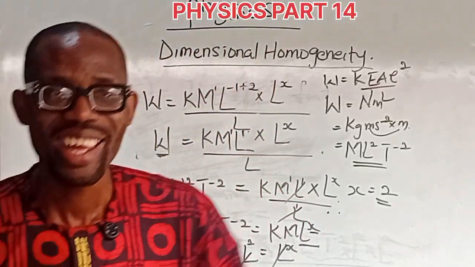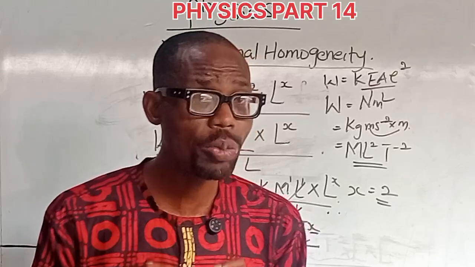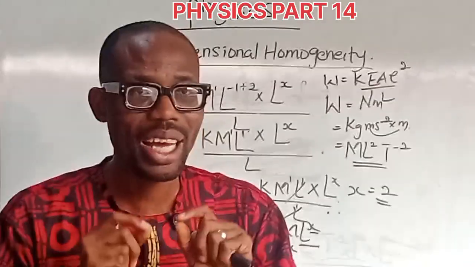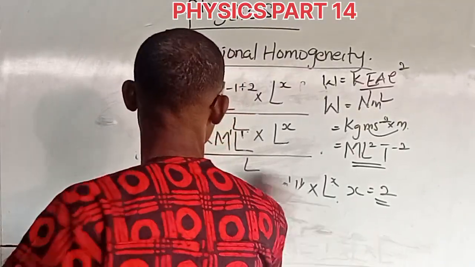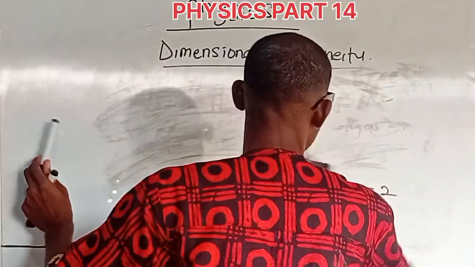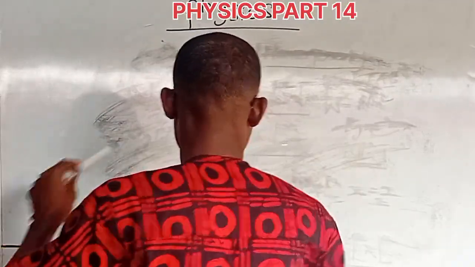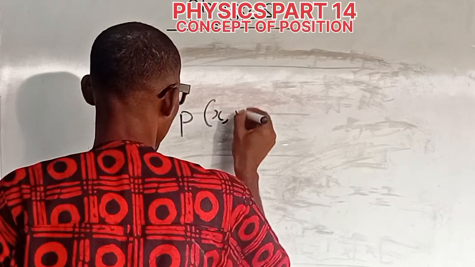Are you aware that in physics, the position of an object in a Cartesian coordinate can be described as this, P into bracket x, y?